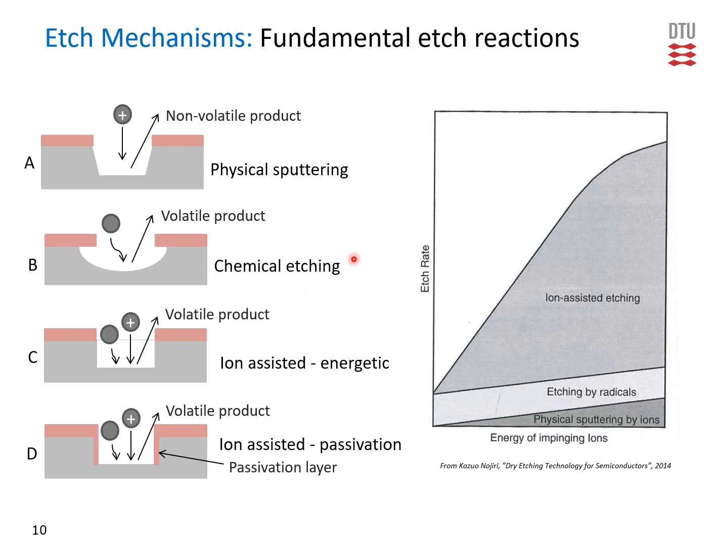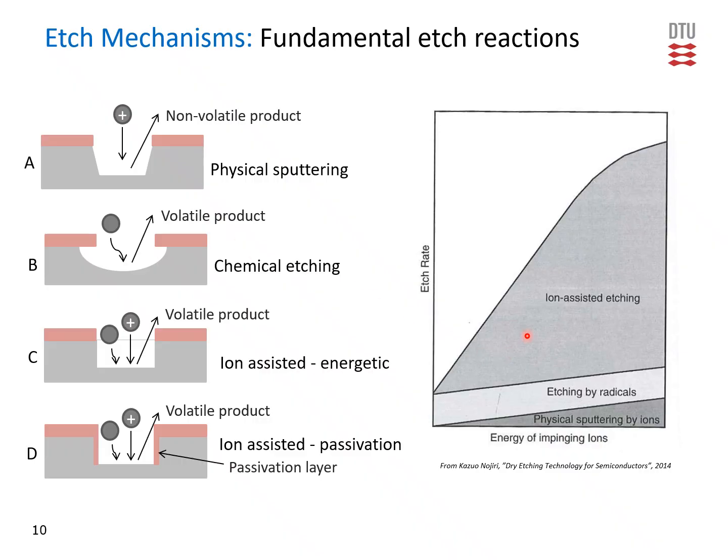The second mechanism, the chemical etching, is the same as etching by radicals. In this case, the etch rate from this mechanism is independent of the ion energy, and that's of course because no ions are needed for this etching.